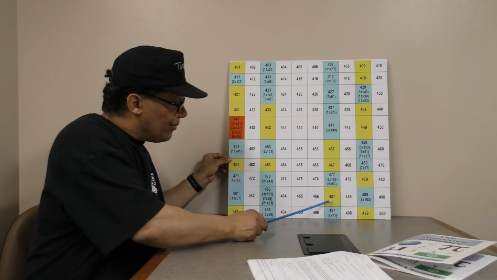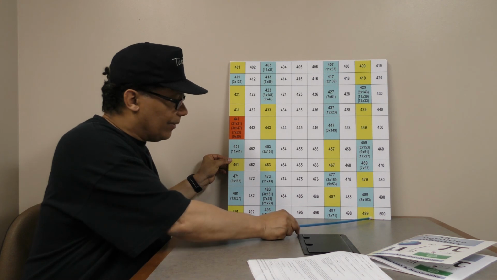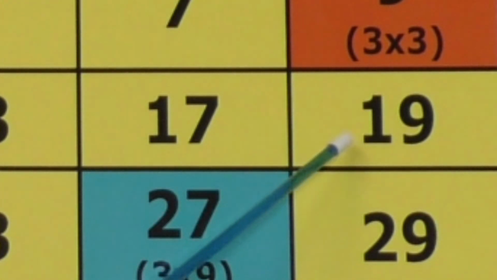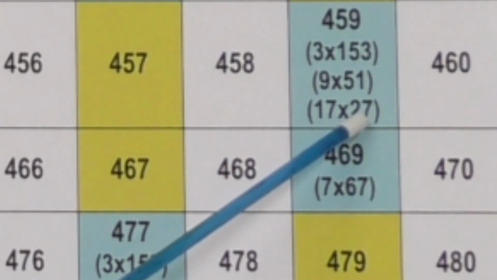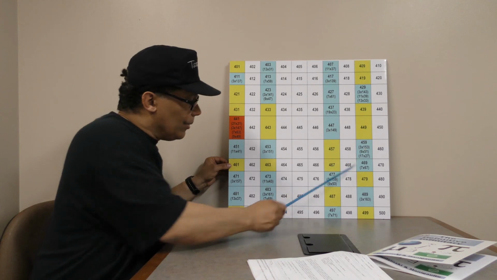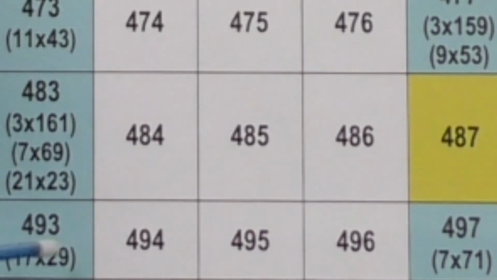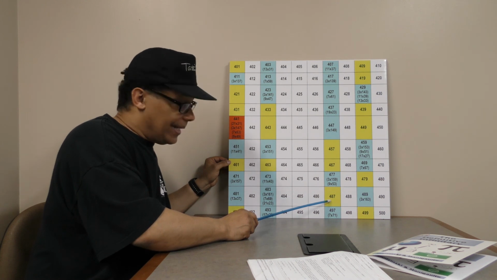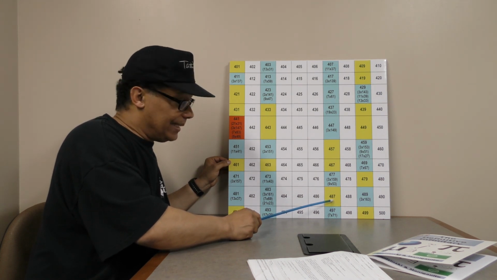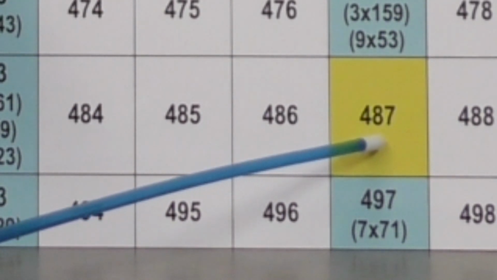That is just below 487. 13 times 39 is off the chart. We have 17 and 19 to test now. 17 times 27 produces 459, which is below 487. 17 times 29 produces 493, which is above 487. 17 does not divide evenly into 487, so 487 is very much prime possible.